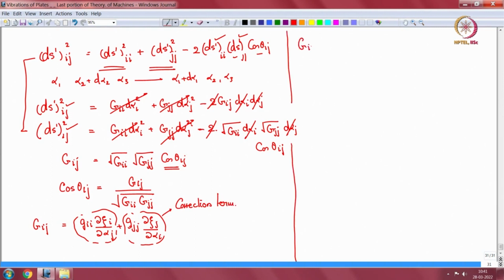Whereas Gij involves GII plus summation k del GII by del alpha k xi k into delta ij, plus GII del xi I by del alpha j plus GJJ del xi j del alpha I. Okay.